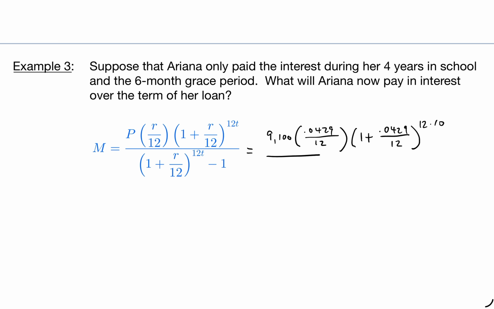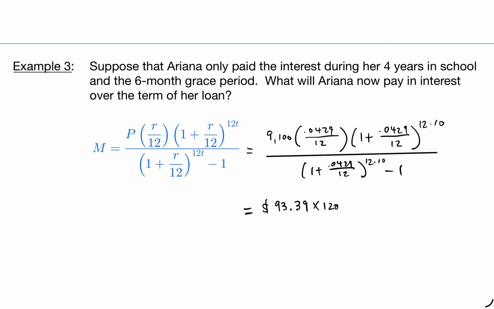And this is all going to be divided by 1 plus the rate again, divided by 12, raised to the 12 times 10 power minus 1. And punching this in the calculator, we would get $93.39. Ariana, of course, would be making this payment over a 10-year period, which is 120 months.